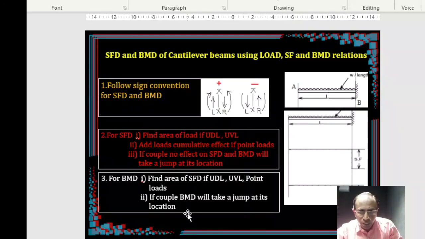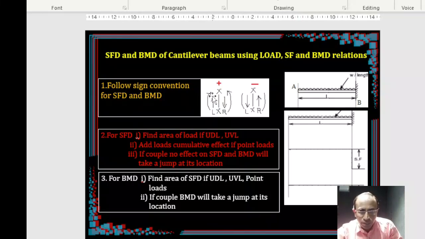So these 3 points one should keep in mind for construction of the bending moment diagrams when you are using the relations among the loading, shear force and bending moment, right? You can apply these 3 points for all kinds of loading. It is applicable, and you will be able to construct your shear force and bending moment diagrams without any difficulty.